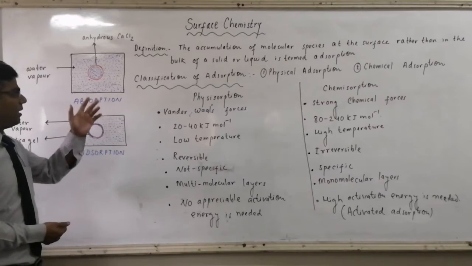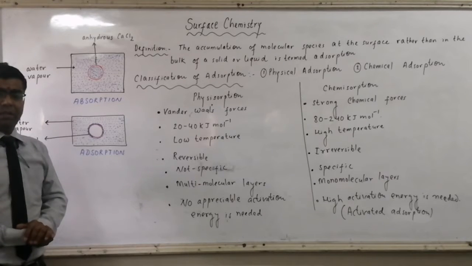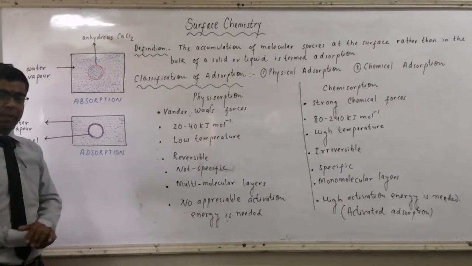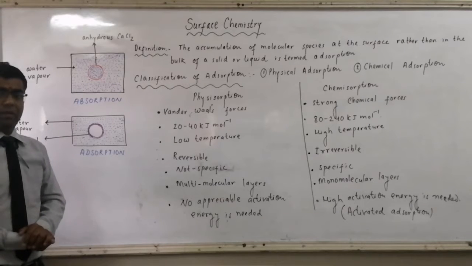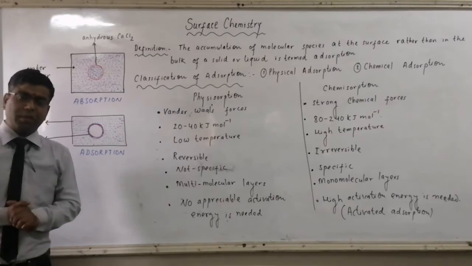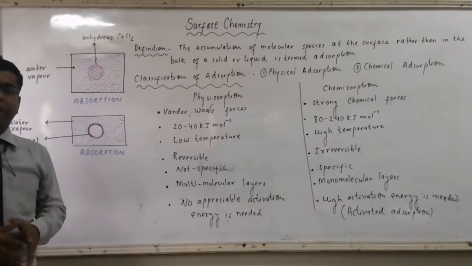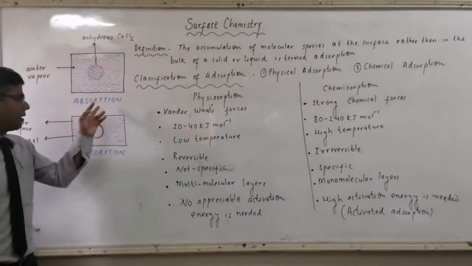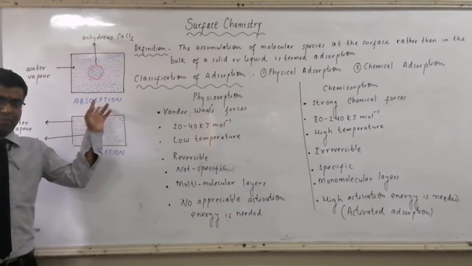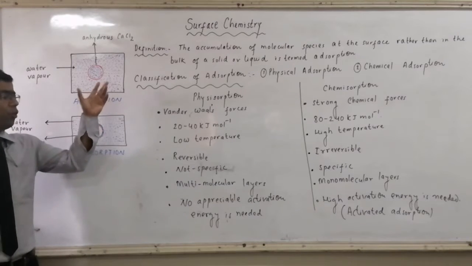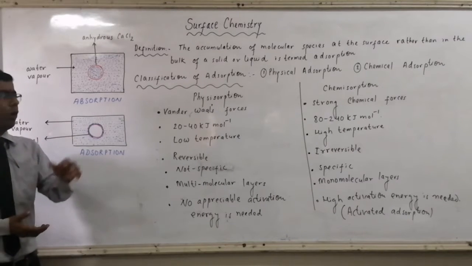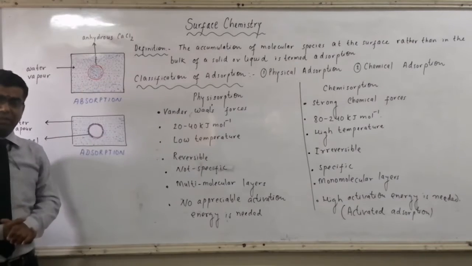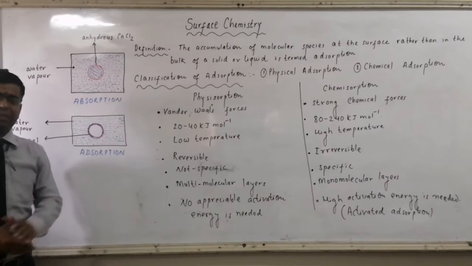So here we can say that it is a whole body phenomenon because uniform distribution of water vapors is there. So when uniform distribution or whole body phenomenon is there, then the process is called absorption. Anhydrous calcium chloride absorbs water vapors and it becomes hydrous CaCl2.